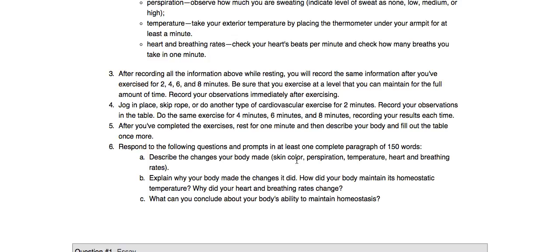And then think about it as if after the exercise was done and you're coming down from the exercise, that minute after, was your body able, in that minute, to successfully stabilize itself and bring itself back to a state that's close to where you were when you were resting? So that's what I'm looking for in B and C.